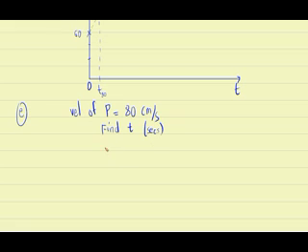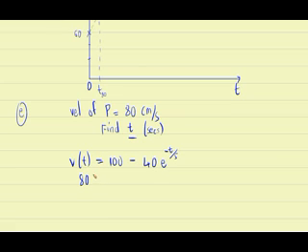So we need to find t. The velocity function we know is equal to 100 minus 40 e to the minus t on 5. We're trying to find t, but we know that the velocity of p is 80 centimeters per second, which is equal to 100 minus 40 e to the minus t on 5.